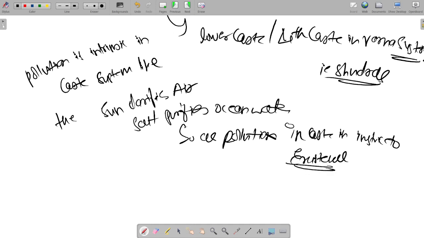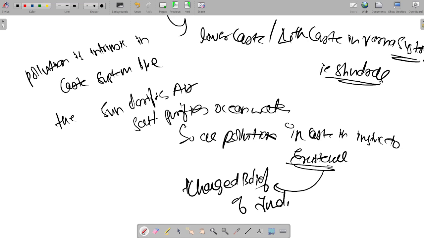This observation has led to the changed belief of indigenous population of India with Europeans.